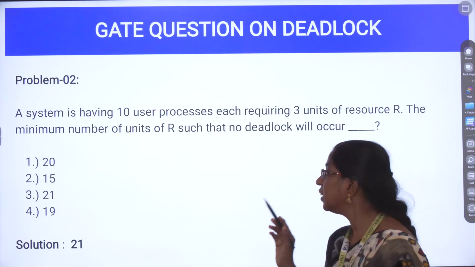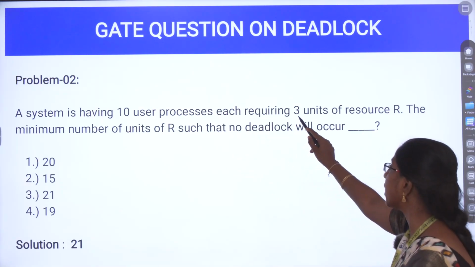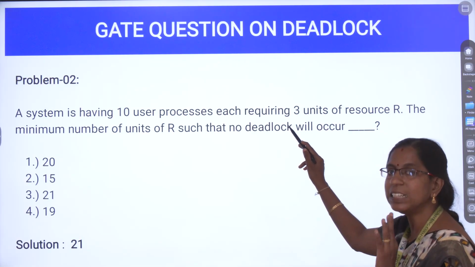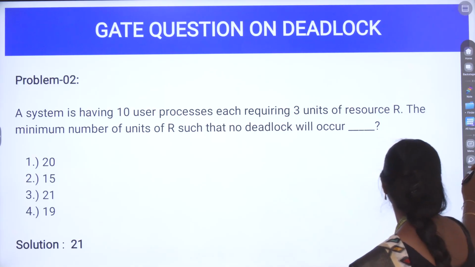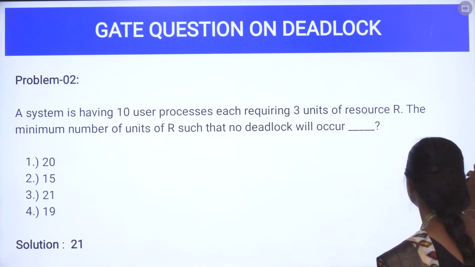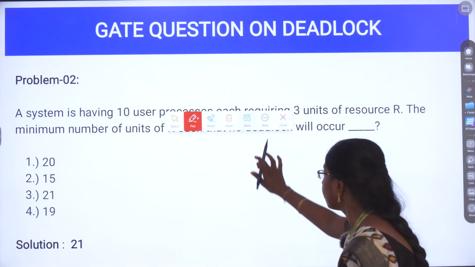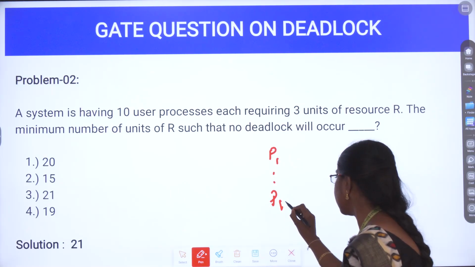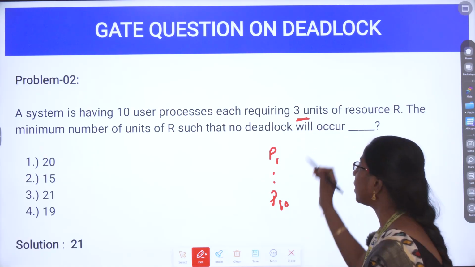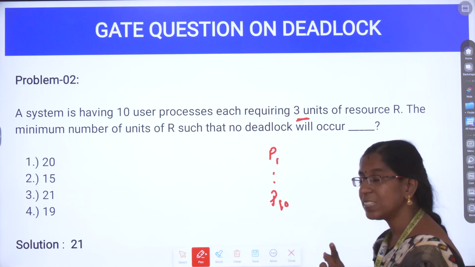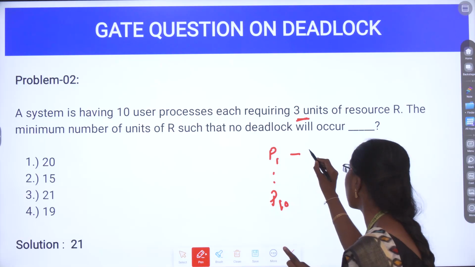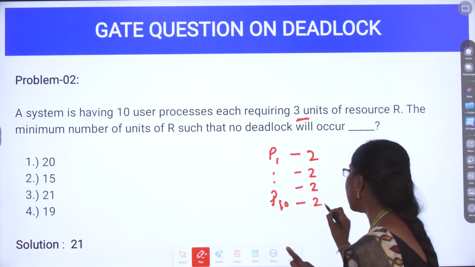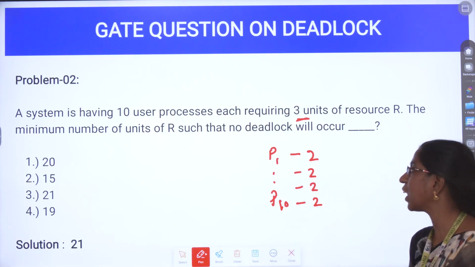A system has 10 user processes, each requiring 3 units. So 10 processes, each asking for 3. How do we calculate here? P1 till P10. Each asking for 3 means in the worst case 1 less, so P1 holds 2 units, and till P10, 2 units should be allocated.